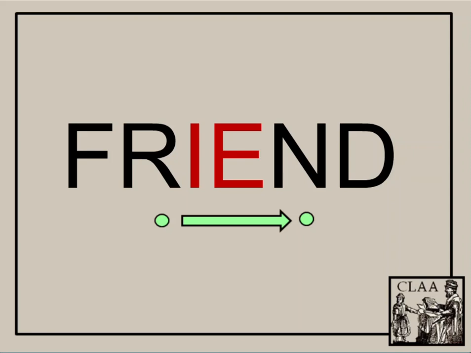But that would be wrong. This is an irregular word. The IE digraph in this word is pronounced with the short E sound, eh, eh, eh. We would read this word as friend, friend, friend.